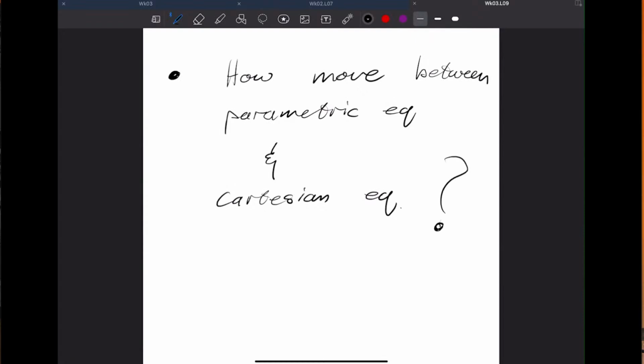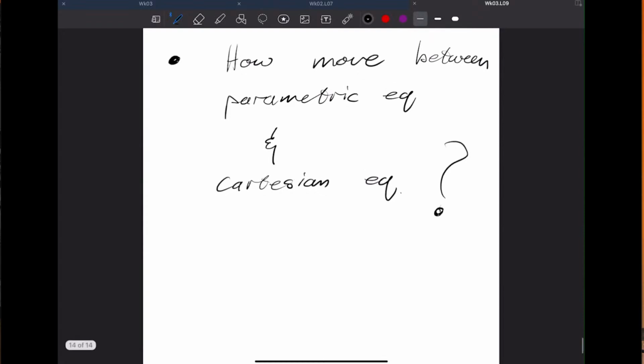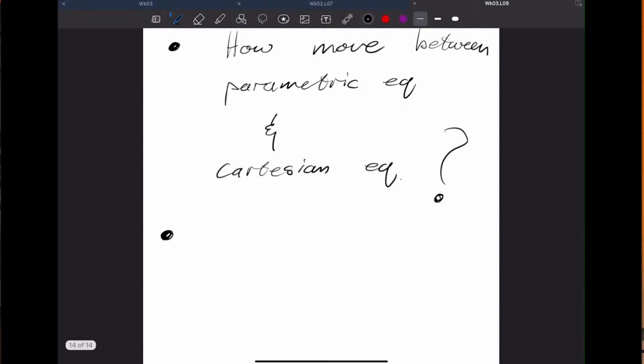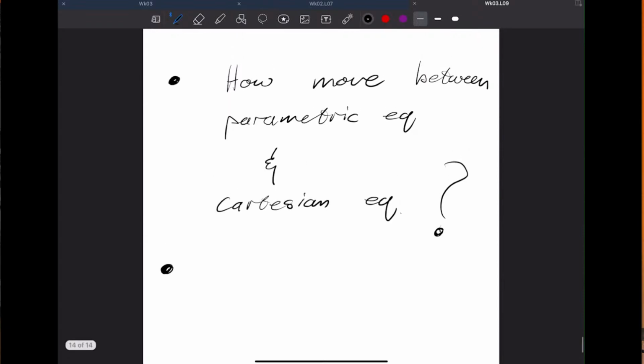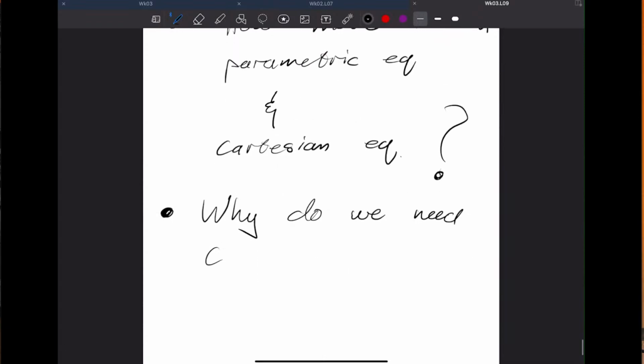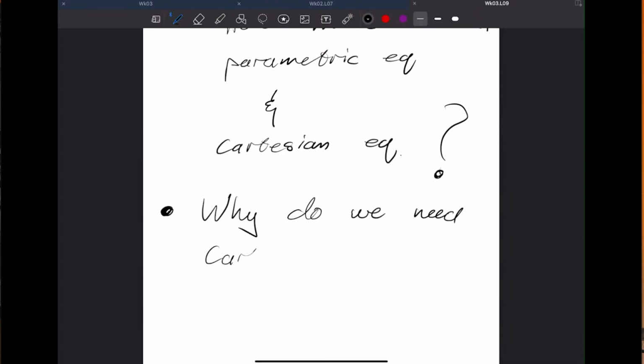How do we do that? And secondly, why do we need Cartesian equations for planes?